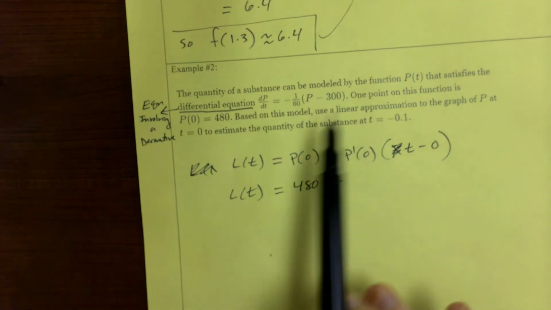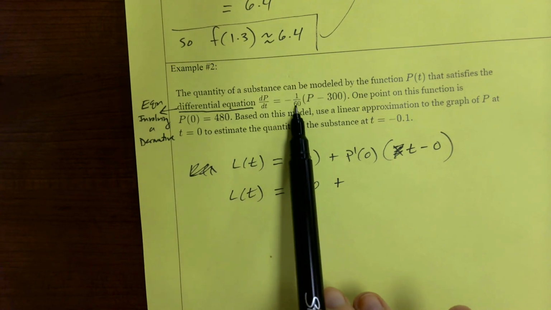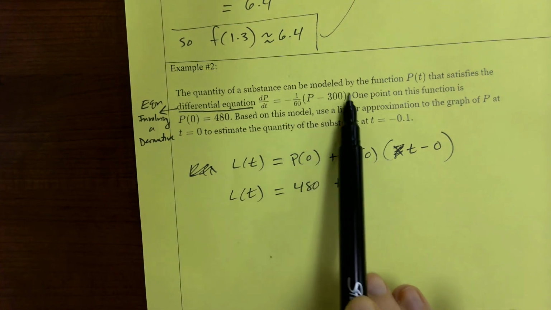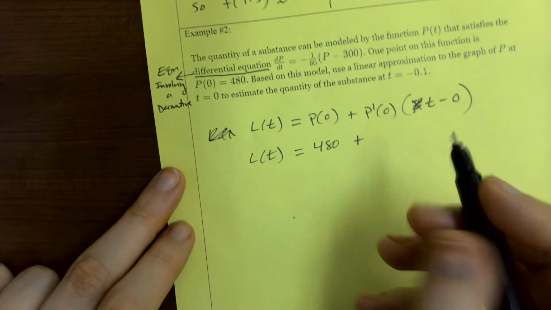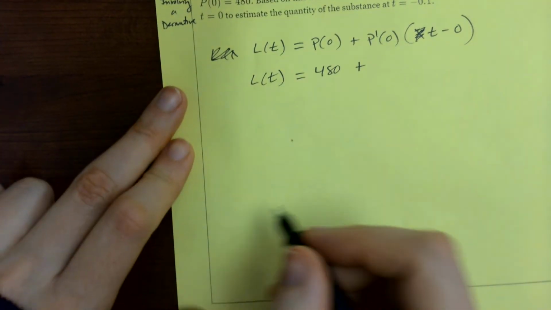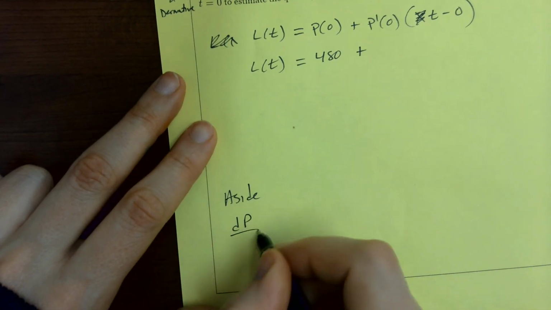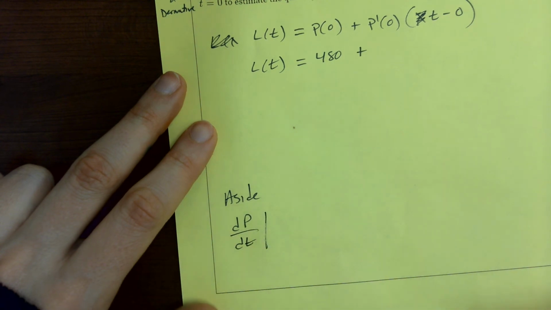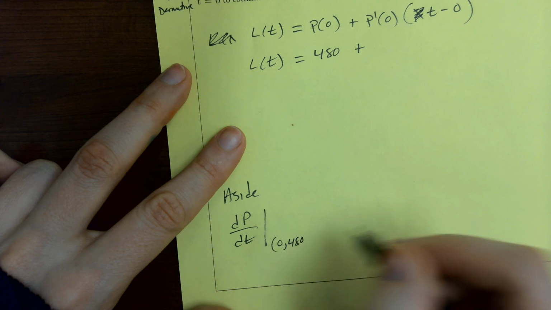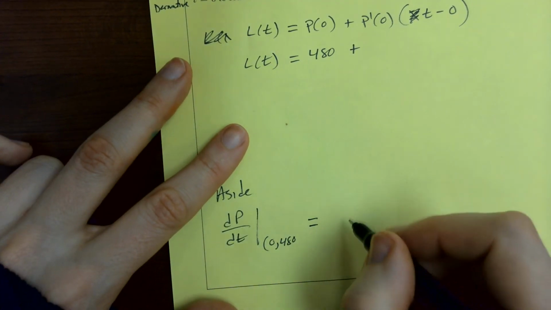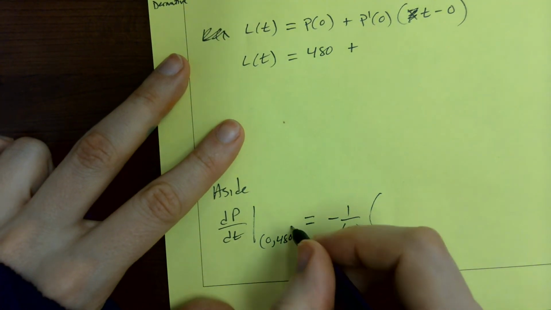Well, guys, 0 is going in for t, and if I look at this function P prime, or dP/dt, I don't see any t's. So it's not like I can plug 0 in for t, but I do see P here. So let me do an aside. dP/dt evaluated at the point (0, 480) is equal to... now what goes in for P?